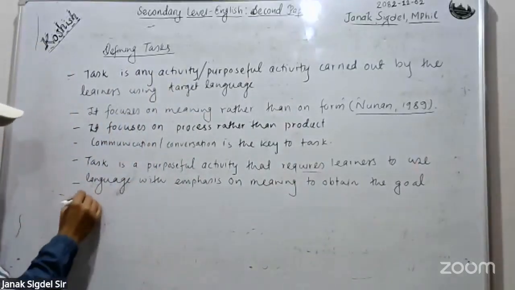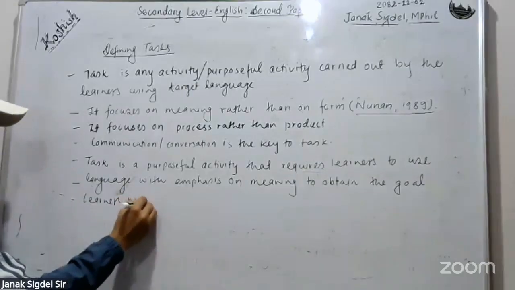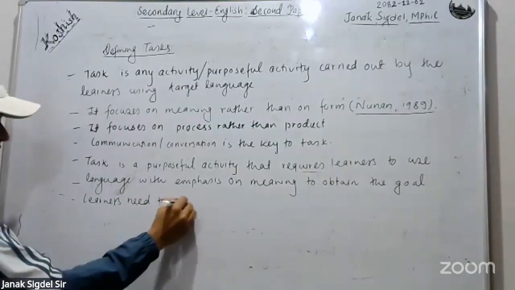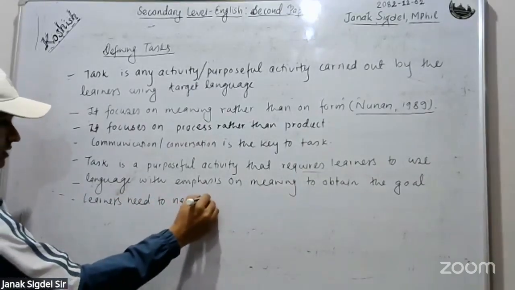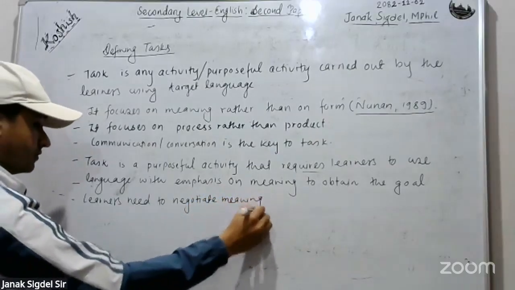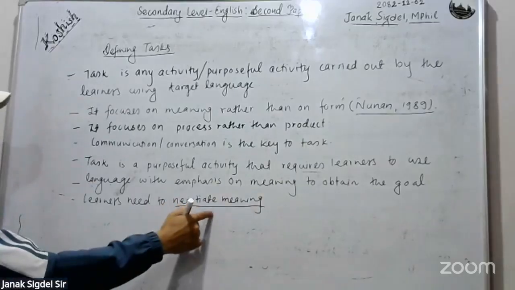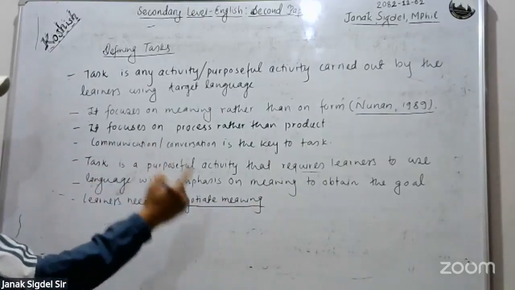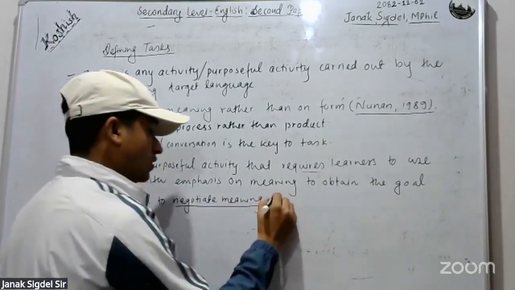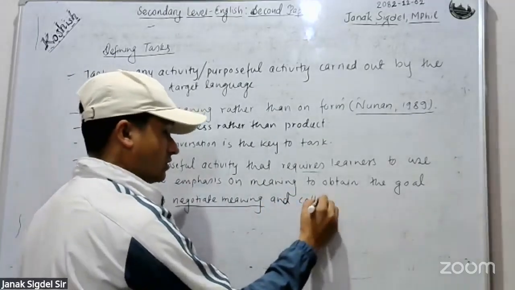So in task, learners need to negotiate meaning. So you should never forget this. Whenever you are talking about task, you should not forget that learners need to negotiate meaning and collaborate with their friend. So collaboration, that means working together.